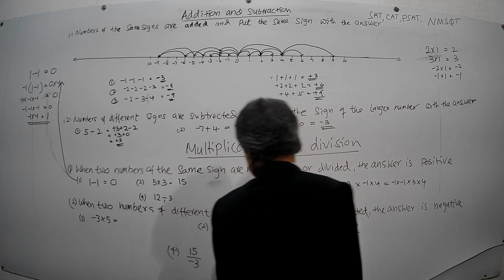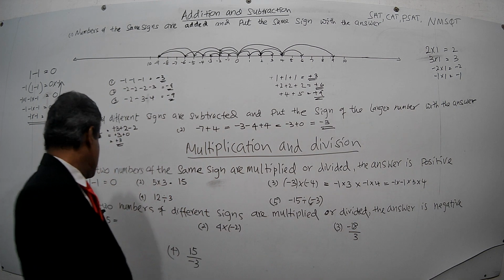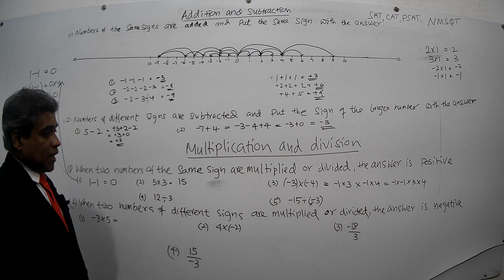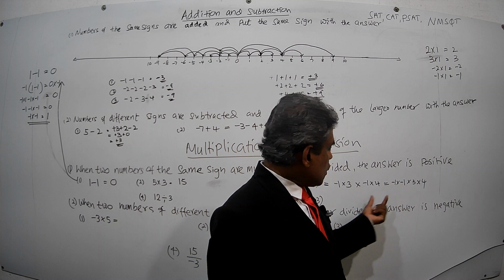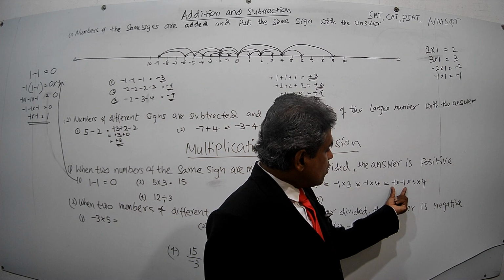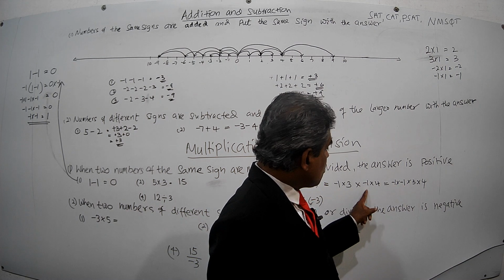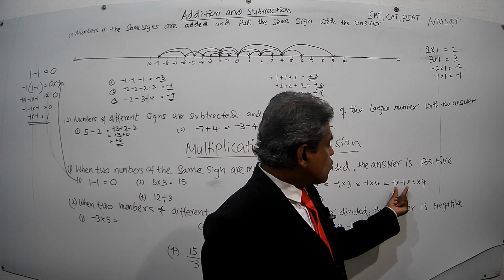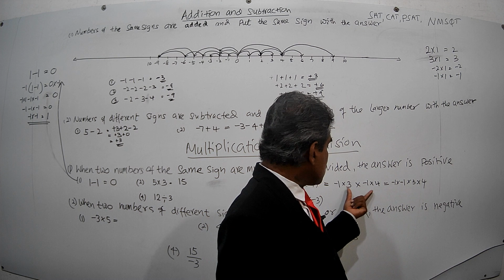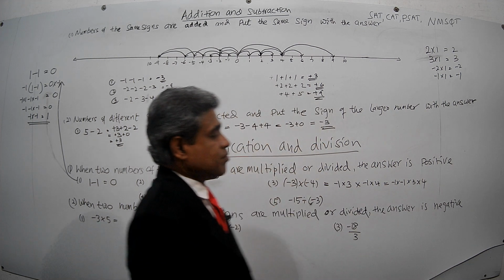Like this. I wrote the multiplication of the two minus ones together like this. I took this minus 1 and this minus 1 together and multiplied, then minus 1 into minus 1 into 3 into 4, with these two positive numbers separate.